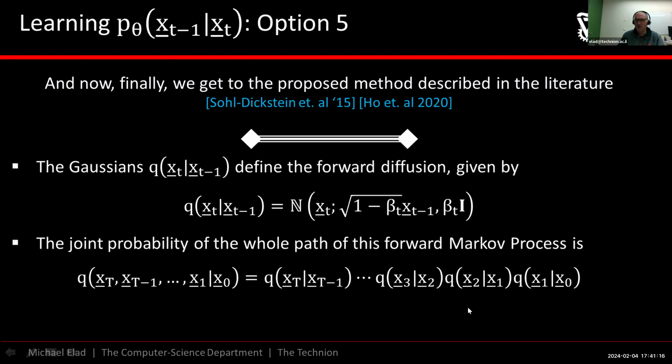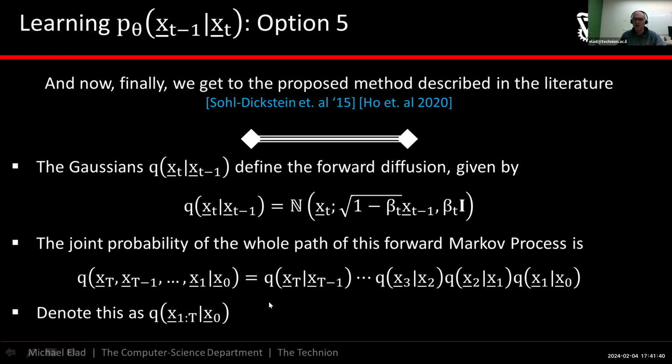And because of the Markov chain, it's basically a sequence of multiplications of individual Gaussians from x0 to x1, from x1 to x2, etc., all the way to capital T. This is lovely. Let's denote it as the probability of the complete path given the clean image that started it all.